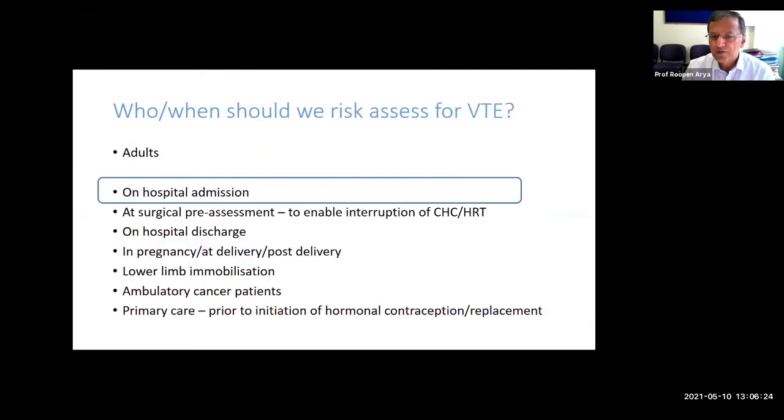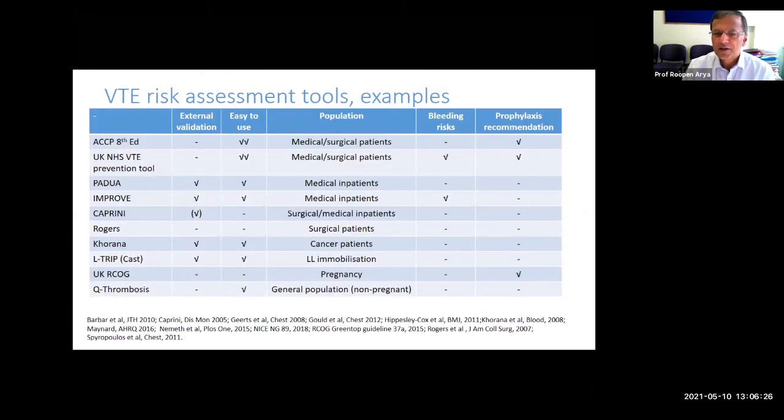And there have also been niche risk assessment tools addressing specific patient groups like cancer patients or lower limb immobilization or pregnancy, or even the primary care population. So it is important that we get the process of risk assessment right, because overuse or underuse can result in an increase in adverse events such as bleeding or thrombosis.